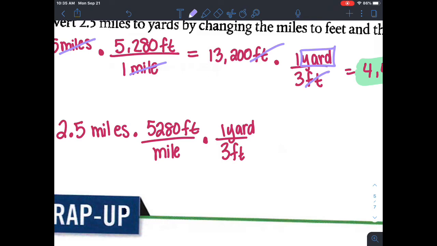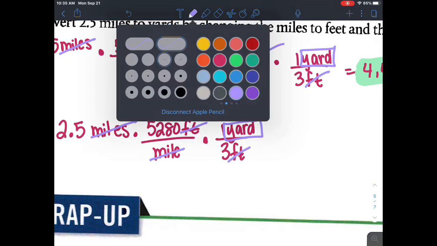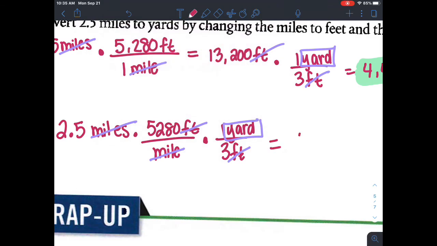So we're going from miles to yards, so I want yards left. So mile on top, mile on bottom, feet on top, feet on bottom. Sounds like a Dr. Seuss book. And I'm left with just yards. So I would do the 2.5 times 5,280 divided by 3 into my calculator, and I'll get the same exact answer. I'll get the 4,400 yards.